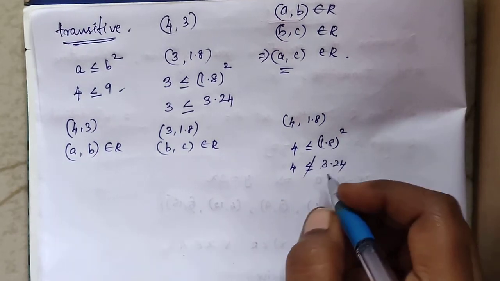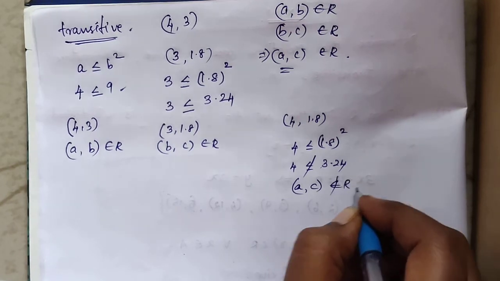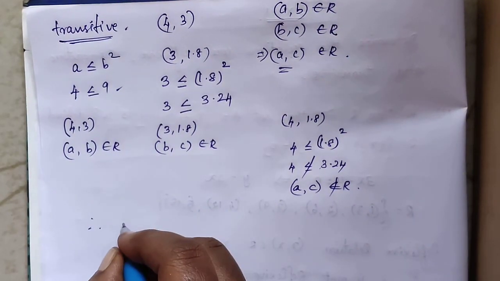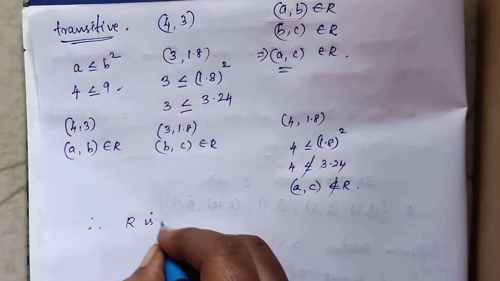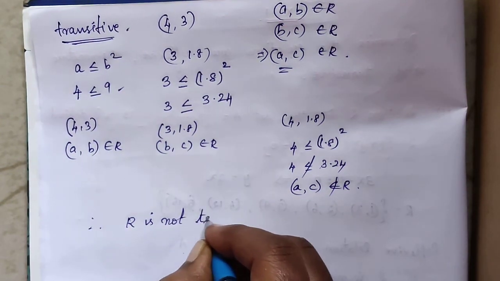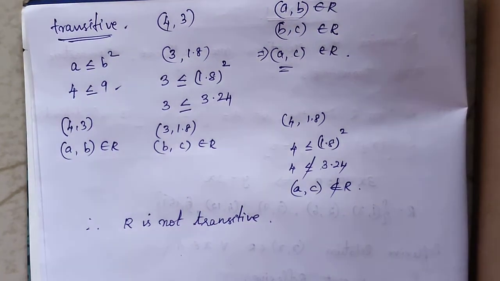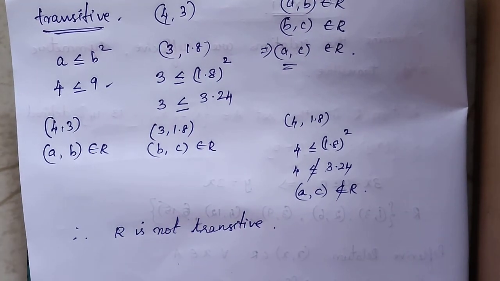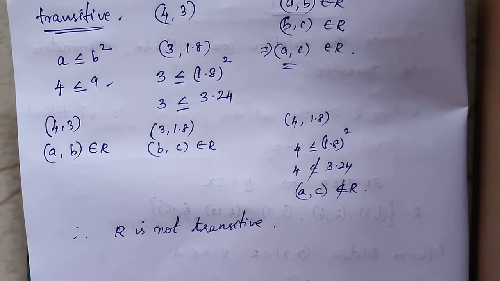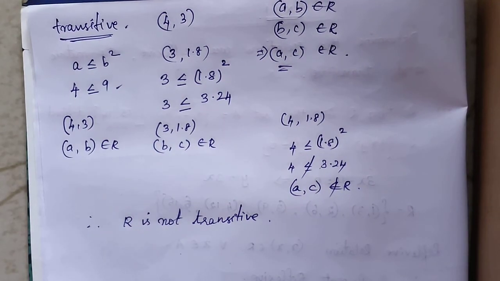This does not satisfy, so a, c does not belong to R. Therefore R is not transitive. So I have proved that it is not reflexive, it is not symmetric, and it is not transitive. We have to check for each and every number where this is not satisfying, that we have to check.